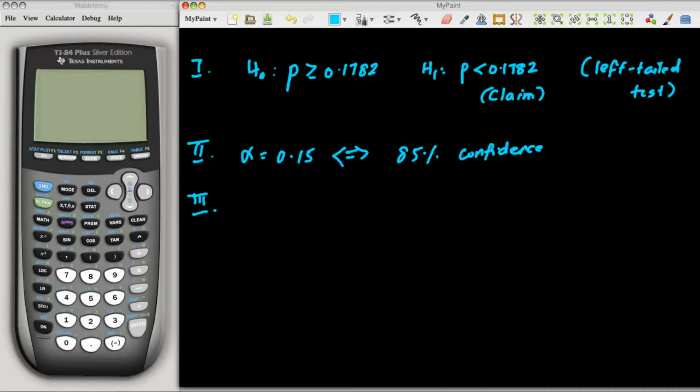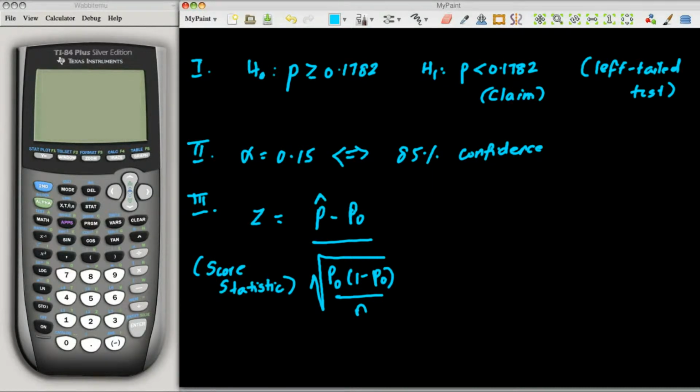The test statistic here is a z score statistic, which is given by z is equal to p hat minus p naught divided by square root of p naught times 1 minus p naught over n.